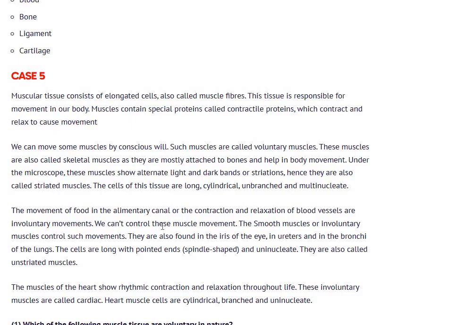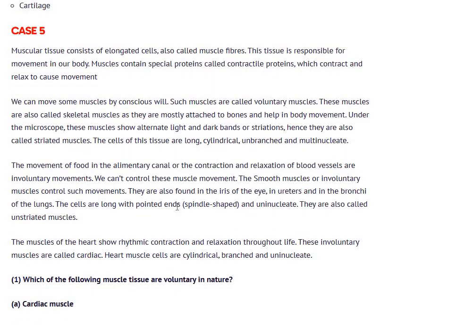So see, uterus, eye, and these muscles we can control sometimes, but most of the time we can't. The cells are long with pointed ends and uninucleated, meaning only one nucleus, spindle shape. They are called unstriated muscles.